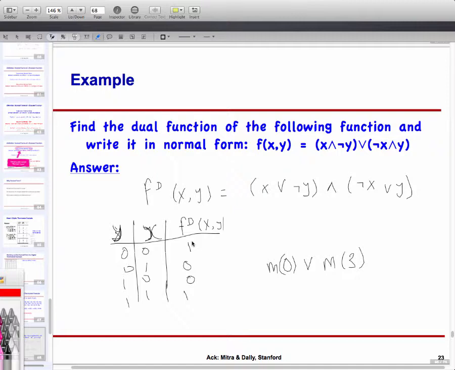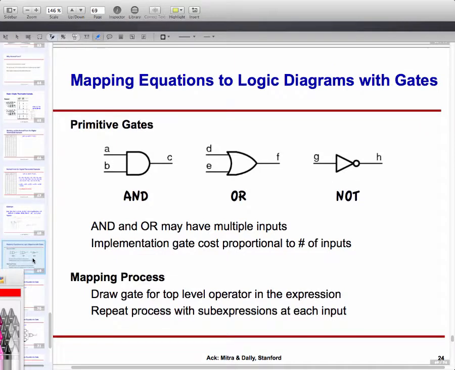Or is there a simpler English expression of this? It's the equal function, right? X equal to y, then the output is 1. So it's the equal function, but XNOR or not XOR is also correct. Okay, so that was this little example.